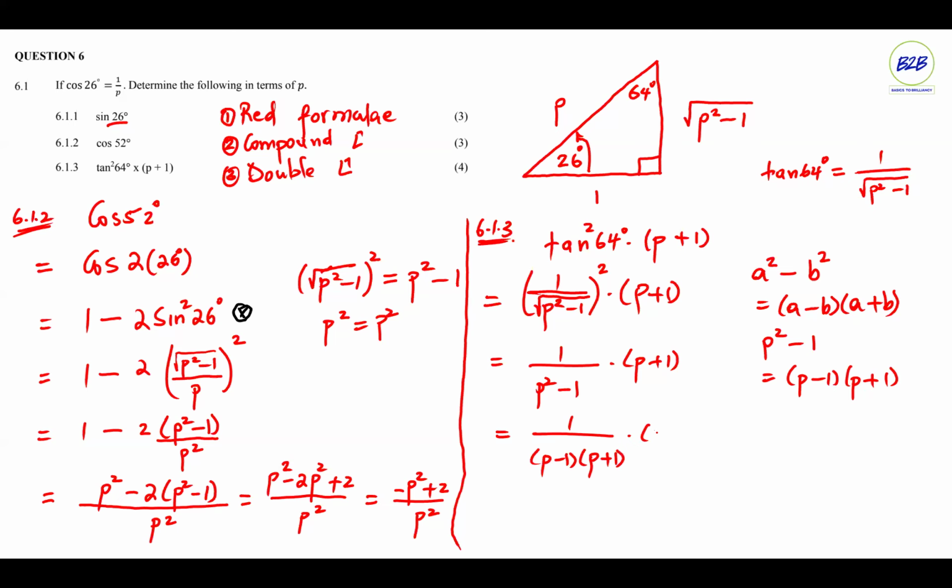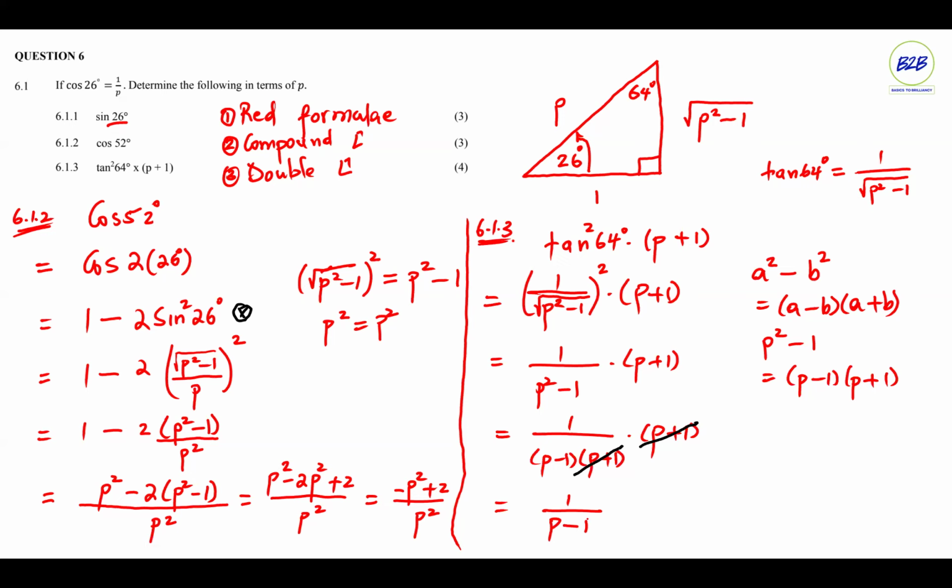Then we multiply all of that by p plus 1. And then, therefore, we will see that p plus 1 cancels with p plus 1, and then we are left in the numerator with 1, in the denominator with p minus 1. And that, folks, that is how it goes.